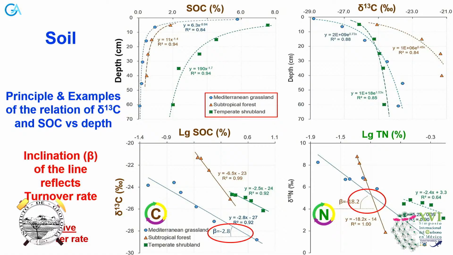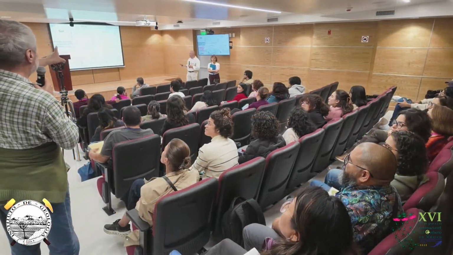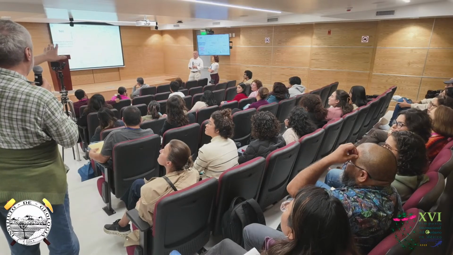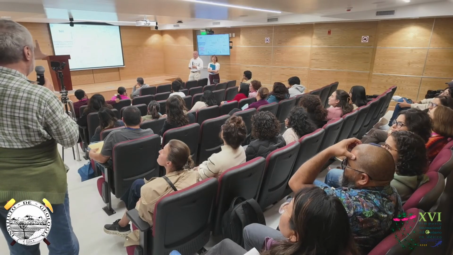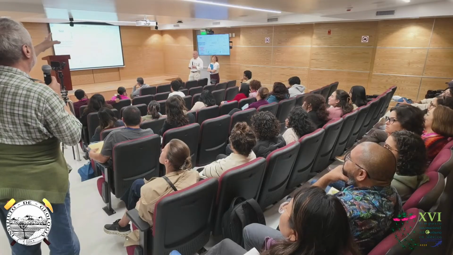And why was it heavier earlier? Because of maize cultivation during the Maya time. The difference of values is more or less the same, from about minus 26 to minus 20, for example.